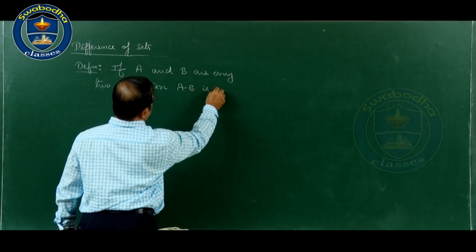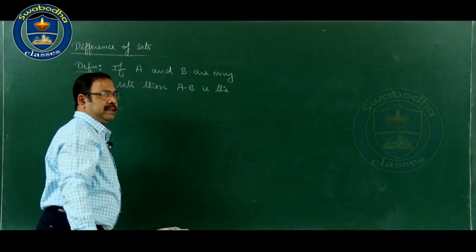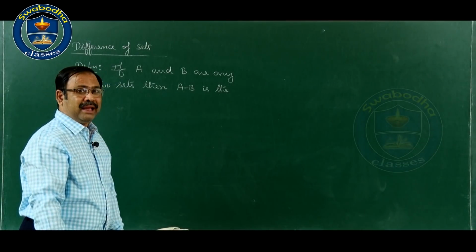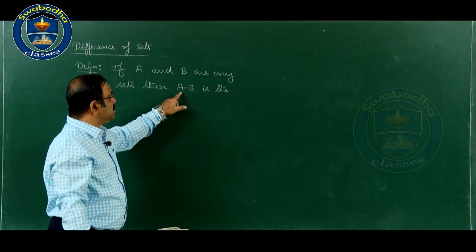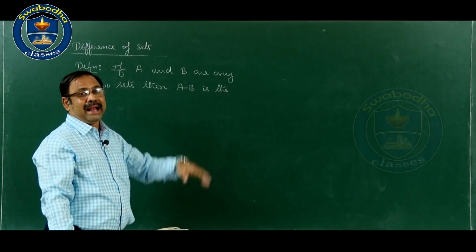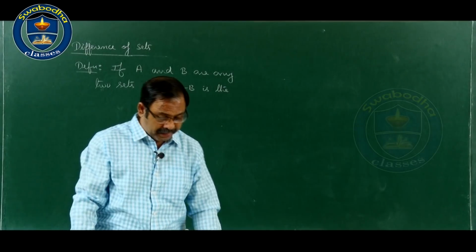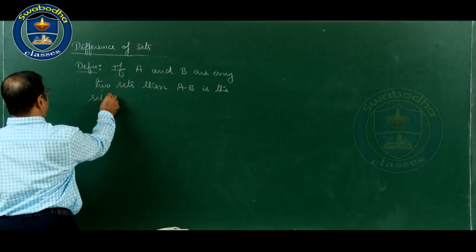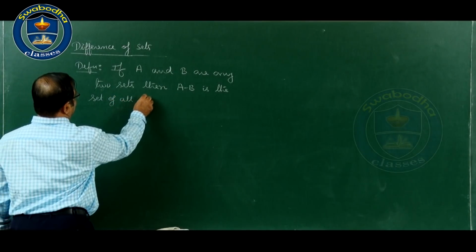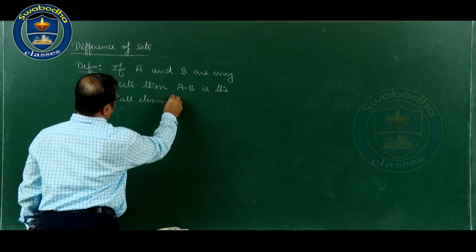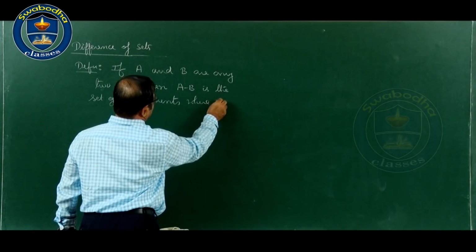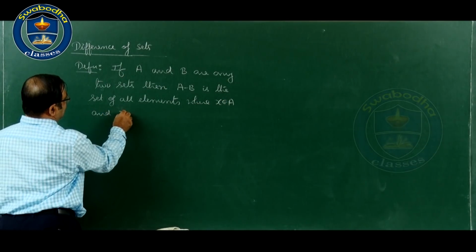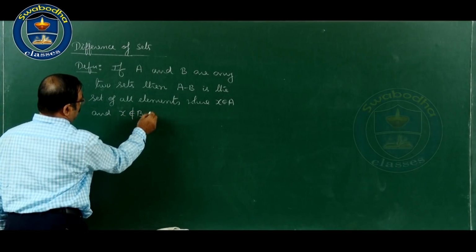A minus B is the set containing all those elements which belong to A and do not belong to B, the set of all elements x where x belongs to A and x does not belong to B.